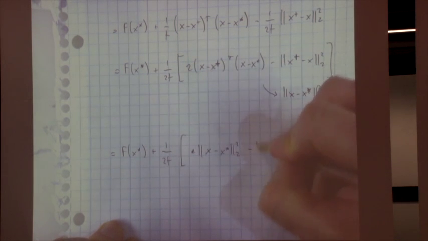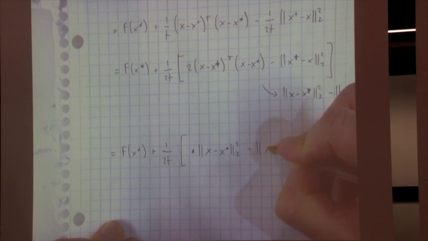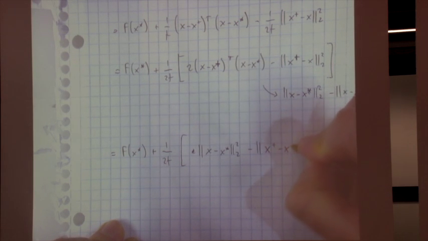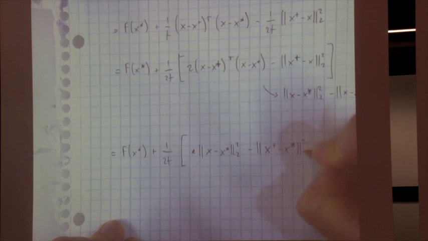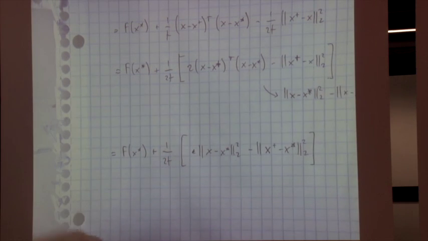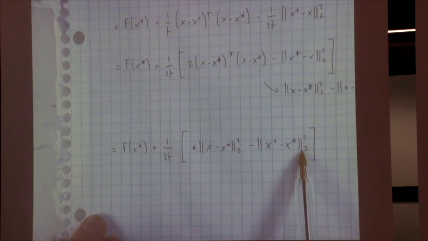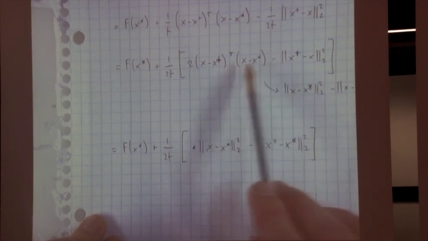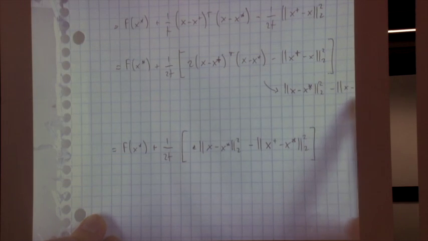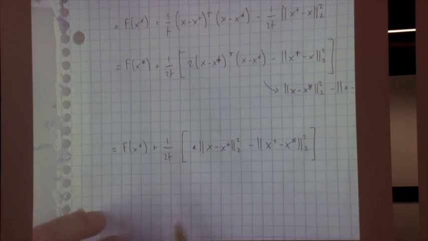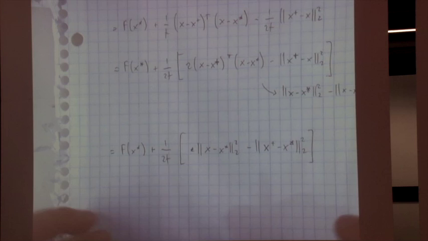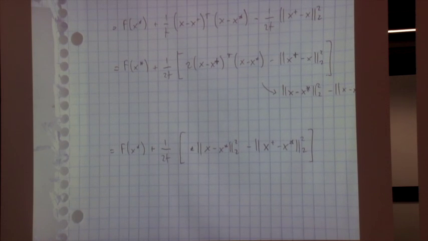So minus x plus minus x star squared. Okay, so this square is just these two pieces minus this one, and I'm adding back this guy. Okay? Questions? Okay.